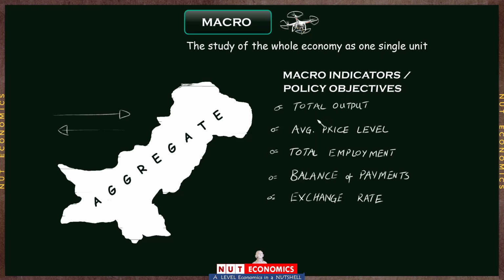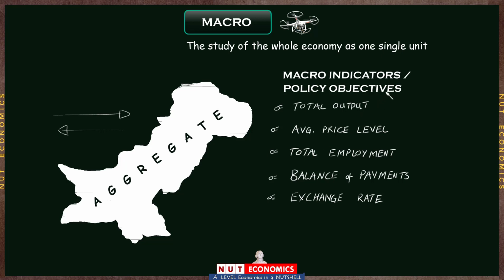Because if these are the indicators of the health of the country's macroeconomy, this total output and price level and employment and so on and so forth, then these are the very variables that the government and the policymakers, people who are controlling the macroeconomy, try to control and influence.